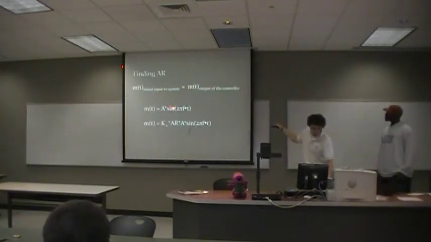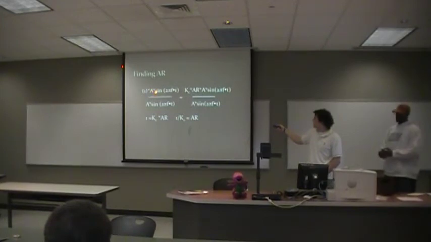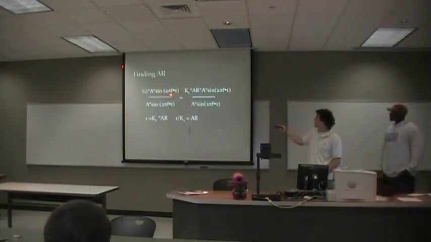So this being the initial input to the system, and this being the output for the controller once it goes back into the system afterwards. For finding the amplitude ratio, we have M of t equals M of t, and since they both have A amplitude times sine 2 pi f t, we just divide both by that.